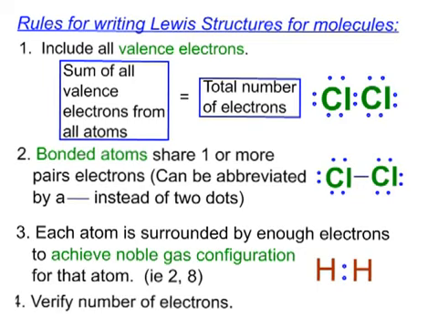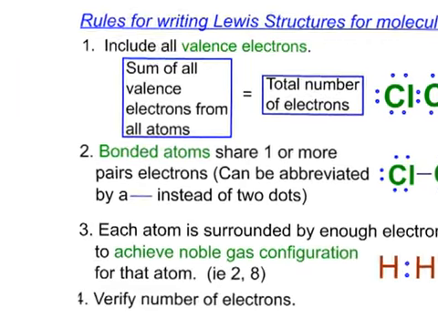So each of the chlorine atoms is achieving its noble gas configuration. It's fulfilling the octet. For hydrogen, it will be fulfilling a duet. That's a little bit different for hydrogen, so that's important to note.